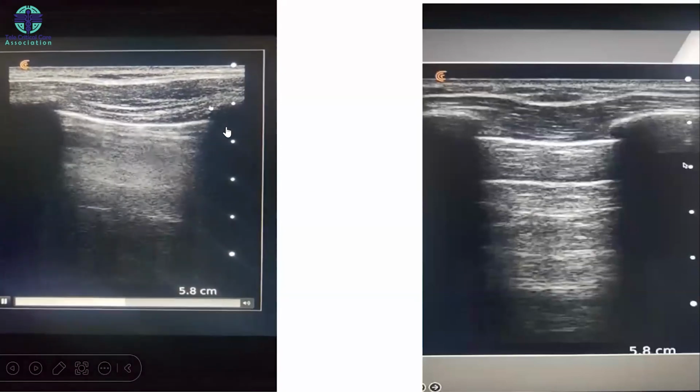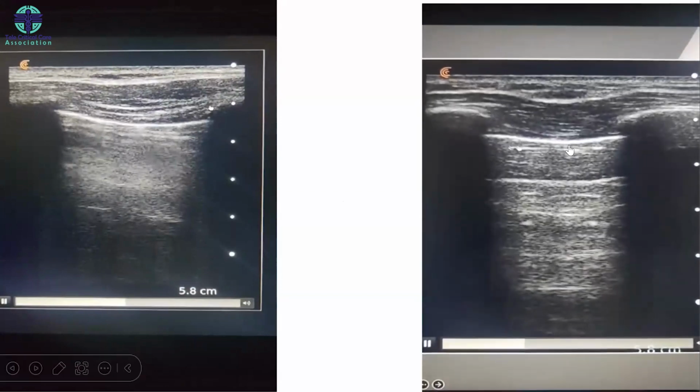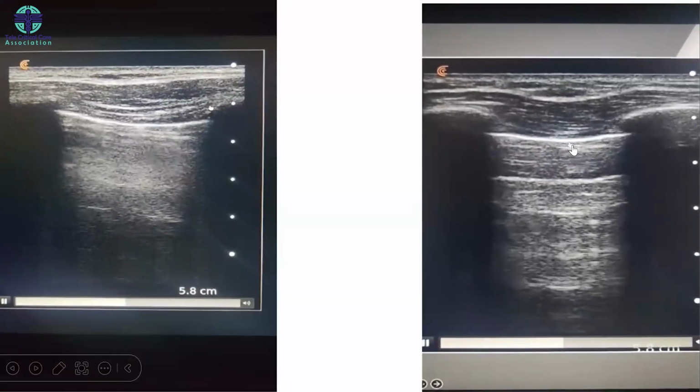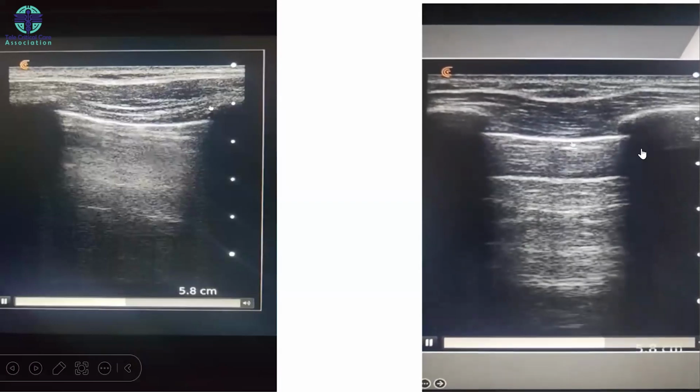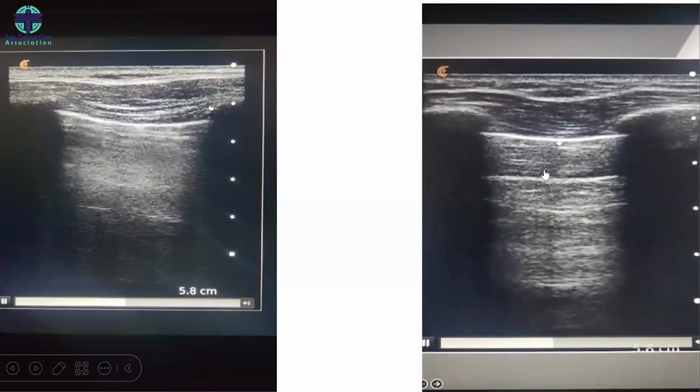These are the ribs, right? Now we will visualize how they get affected in pneumothorax. In pneumothorax, the visceral pleura and parietal pleura will not be able to move on each other. You will see that they are moving, but they're actually not. The ribs are moving. That is why you feel that the pleural line is also moving.